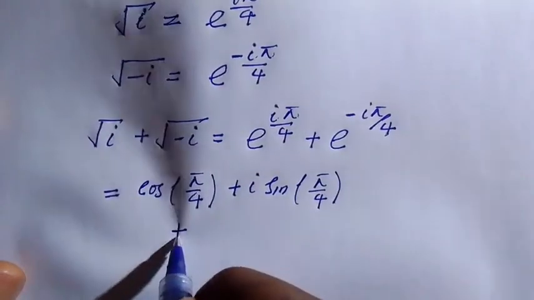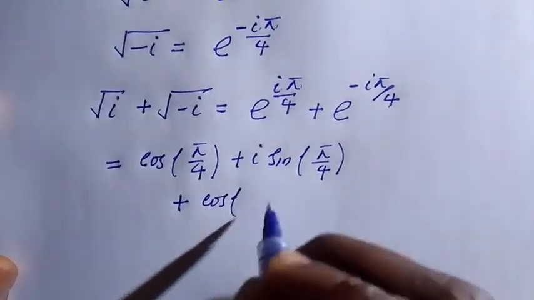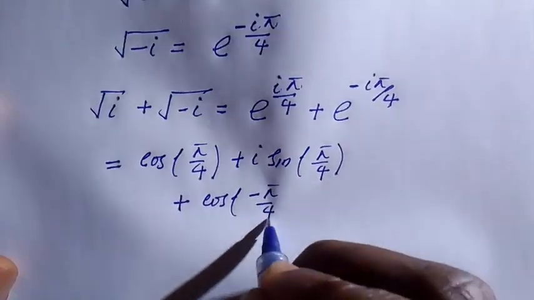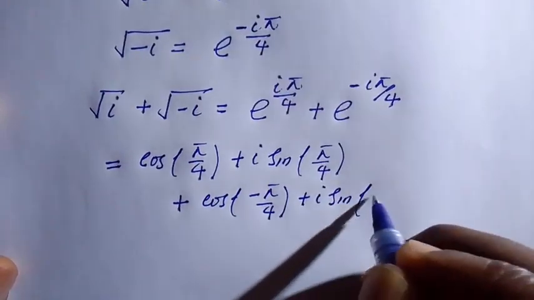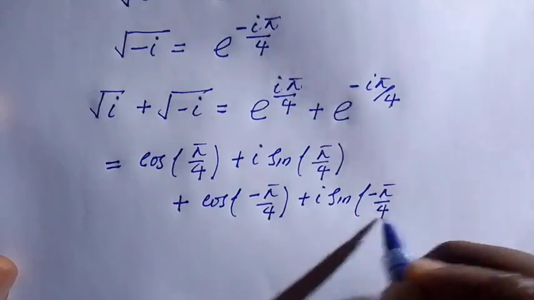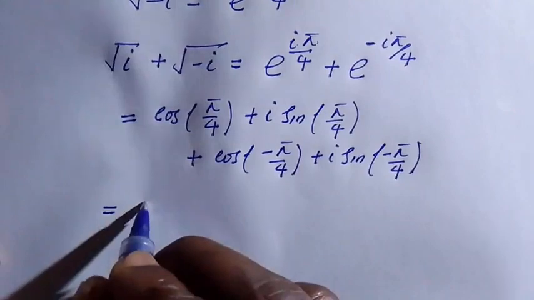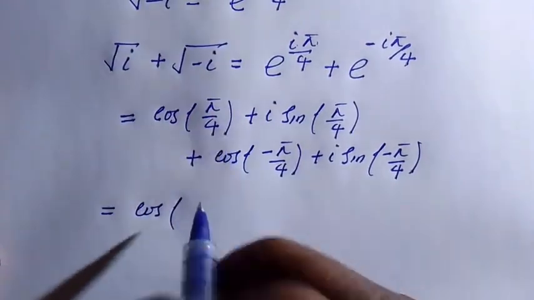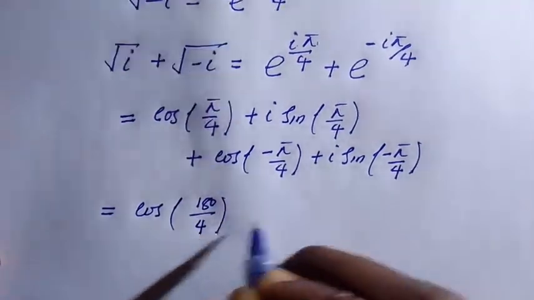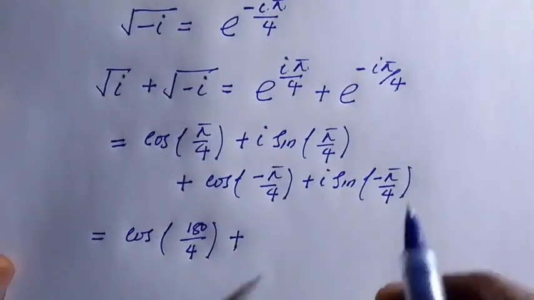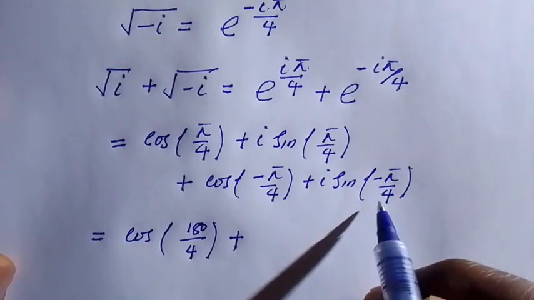Then plus again, for this one it comes with a negative, as we have cos of minus pi divided by 4 plus i sine of minus pi divided by 4. So this equals cos, and for every pi it gives us 180, divided by 4, plus i sine minus pi divided by 4.